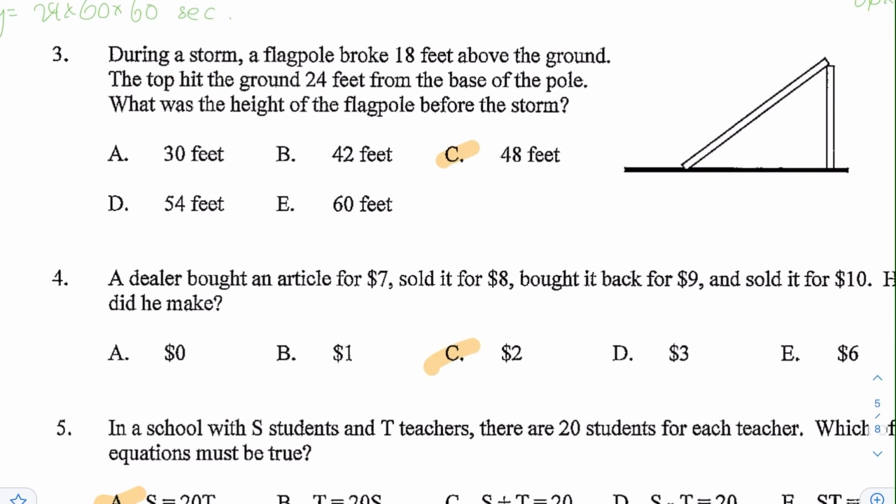Next one, number 3. During a storm, a flagpole broke 18 feet above the ground. The top hit the ground 24 feet from the base of the pole. What was the height of the flagpole before the storm? So this flagpole broke 18 feet above the ground, and the top hit the ground 24 feet from the base of the pole.